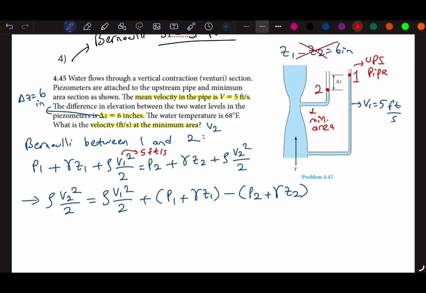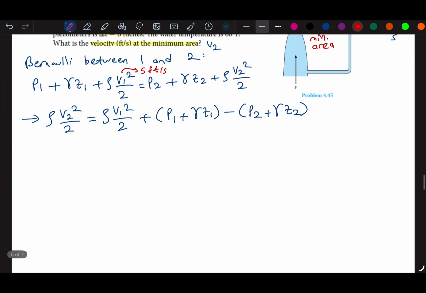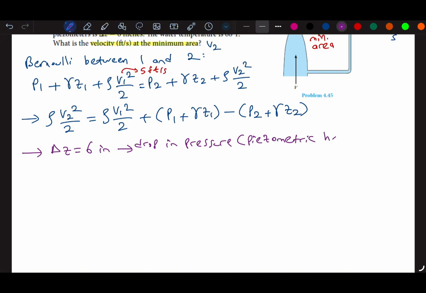So this is the drop in piezometric pressure. So let me clarify it here. We have delta Z as 6 inch, and this is the drop in pressure or piezometric head.